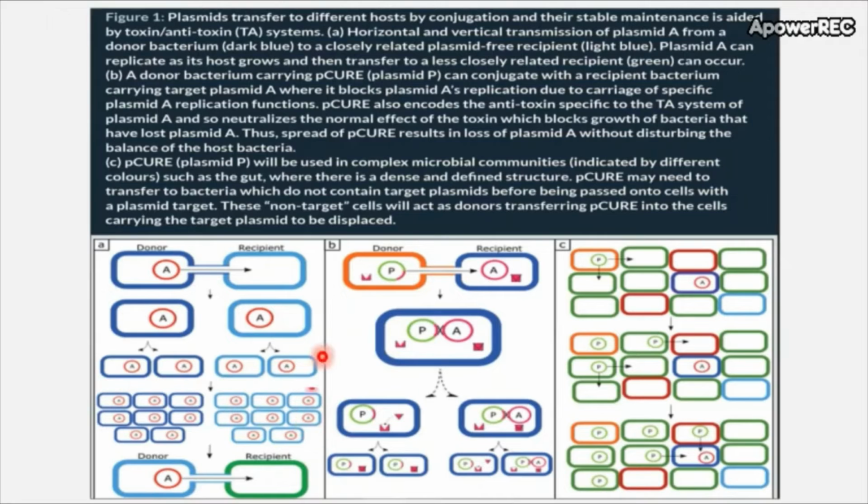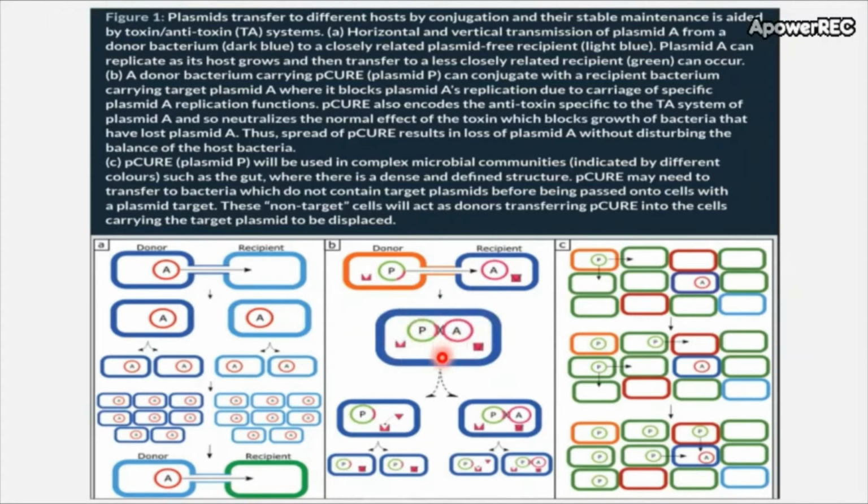So scientists noticed this and they decided to make their own artificial plasmid that also contains that toxin-antitoxin system. So here they've introduced a bacterium in this population, this orange bacterium, and this has what they call the P-cure plasmid. So this has the cure to that toxin, this antitoxin here. And they donate it to a bacterium that already has plasmid A. And now these two can compete for providing the antitoxin, the cure.